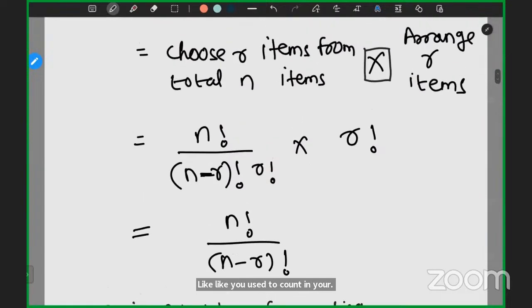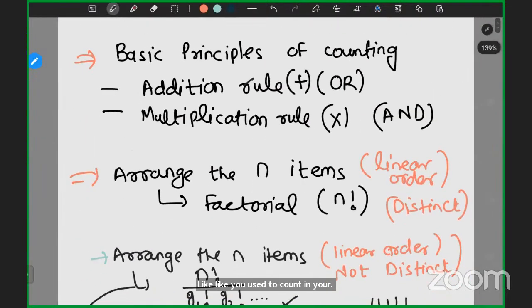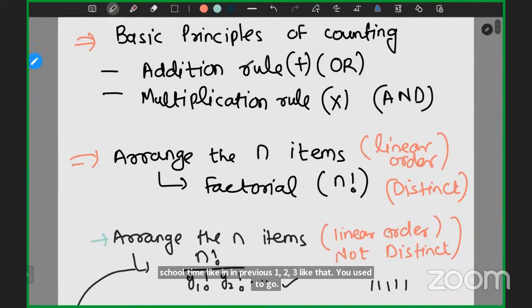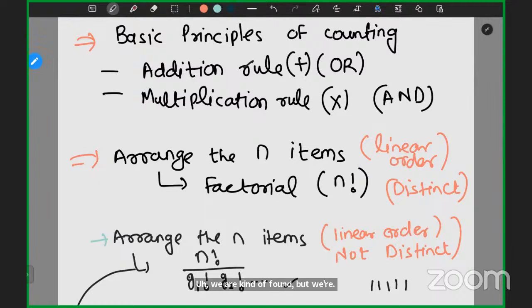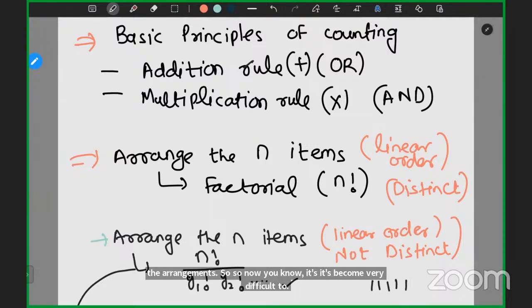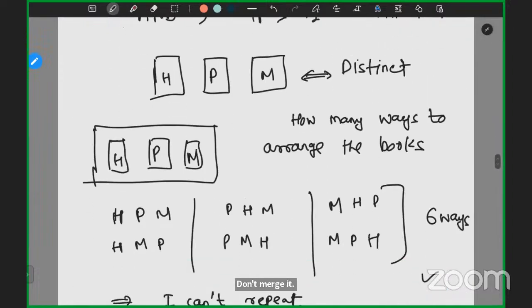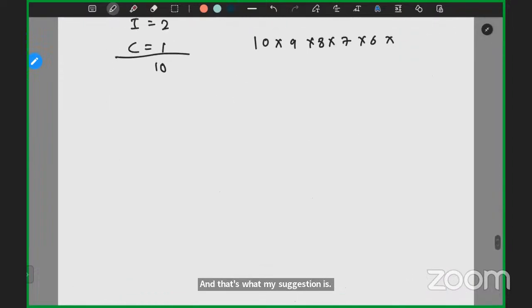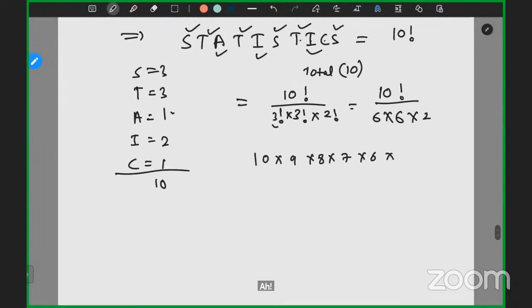That was counting things. Now we are arranging things. We are kind of counting, but we're counting the arrangements. So now it's become very difficult to get a hold of, but don't merge it. That's my suggestion. I'm not sure if they are dependent or independent, but I don't want to go into that. Otherwise, I will also get confused later on when I solve the question.